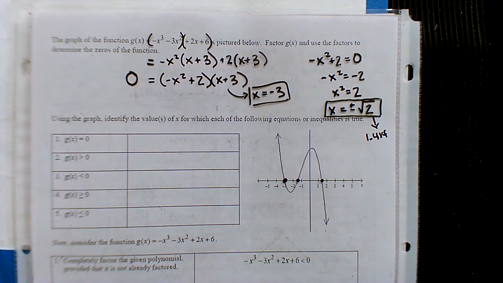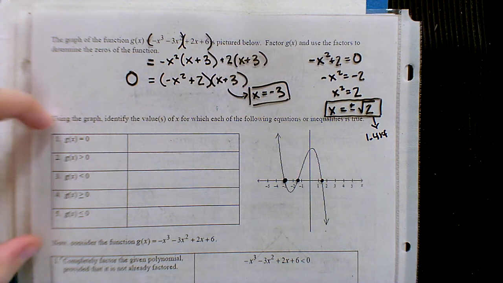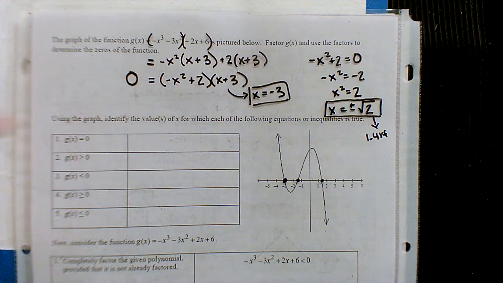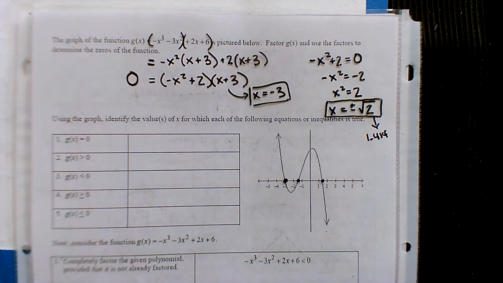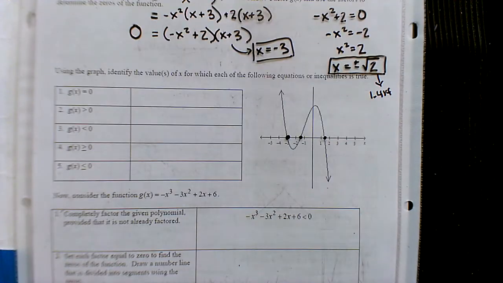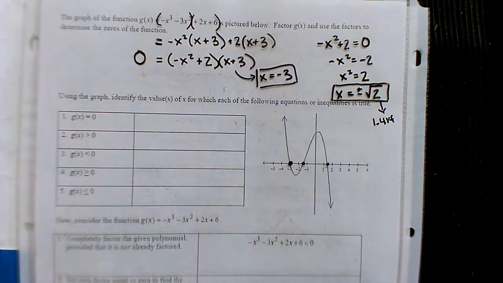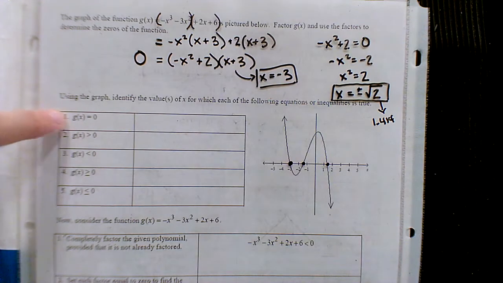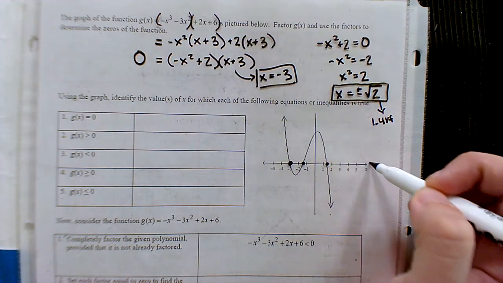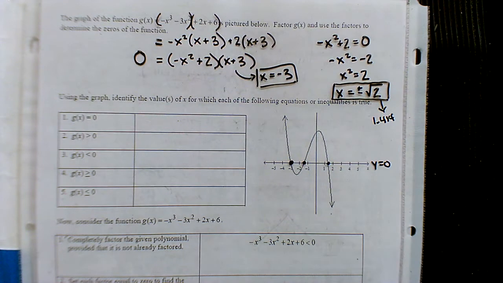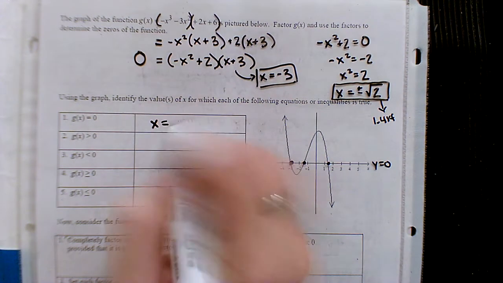Now, since they gave us a graph, they were nice to us, let's go ahead and identify where this graph is above the x-axis, below the x-axis, possibly on the x-axis, and then we'll use that table to help us maybe check our work when we go through another number line example. So this specific graph equals 0, aka on the x-axis, at those zeros we found up top.